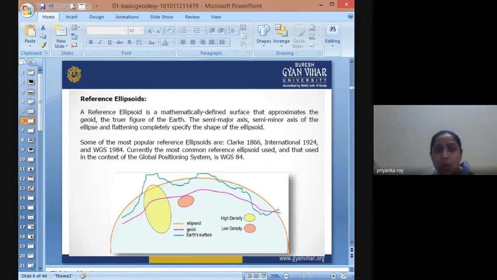Currently the most common reference elliptoid used in the context of GPS, the global positioning system, is WGS 84, or WGS 1984. It is the most widely and currently used way of referencing the Earth's shape for the global positioning system.